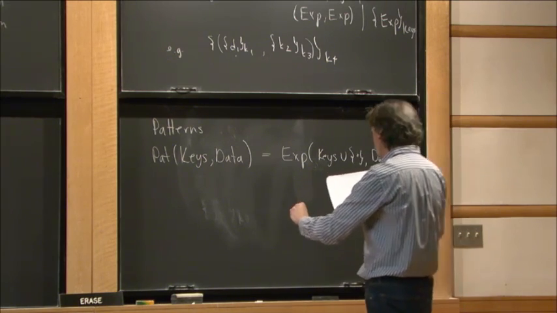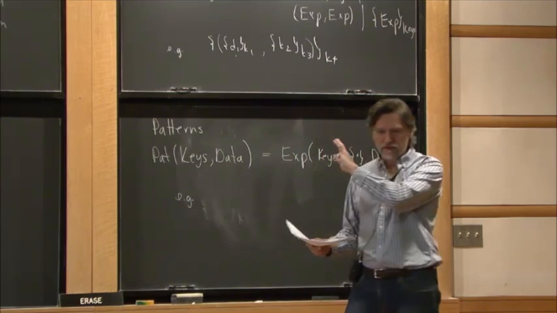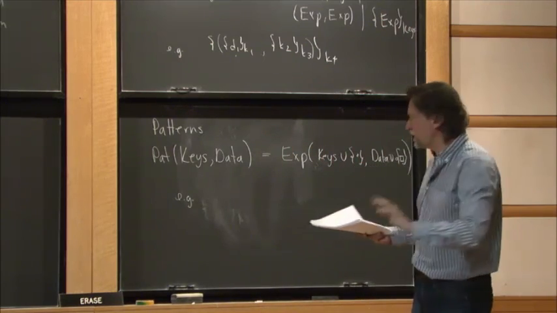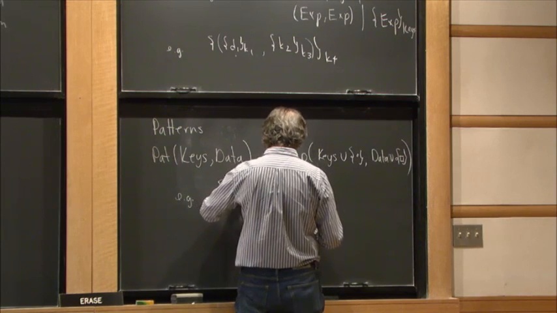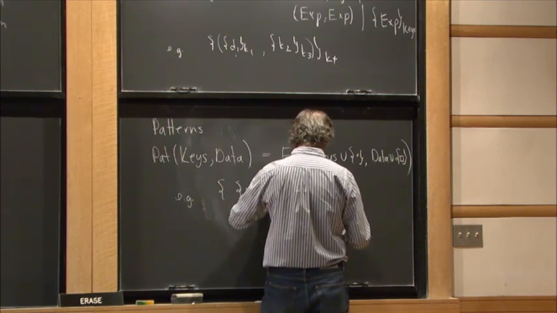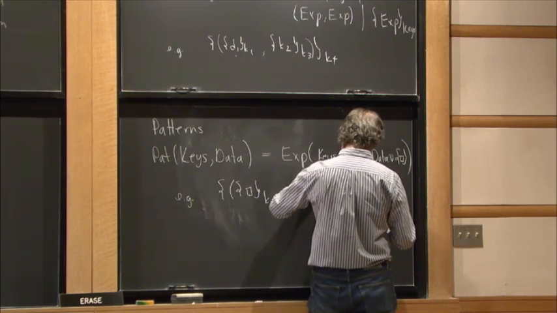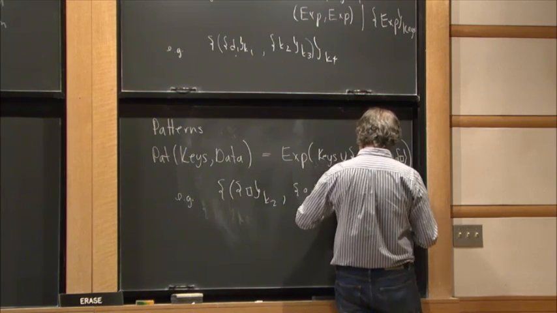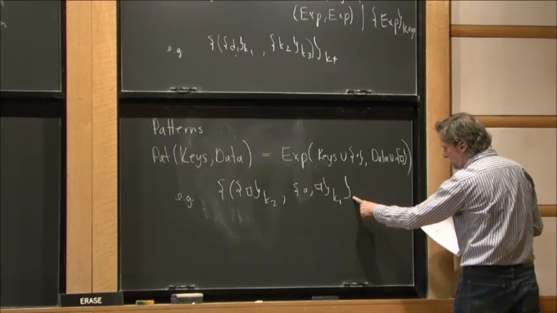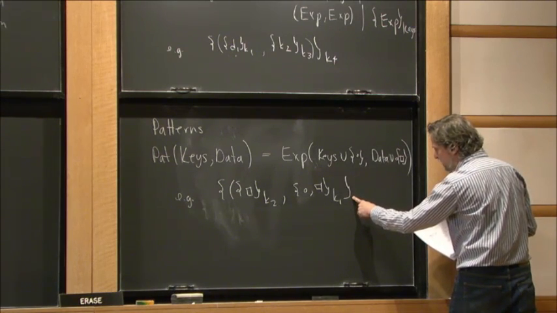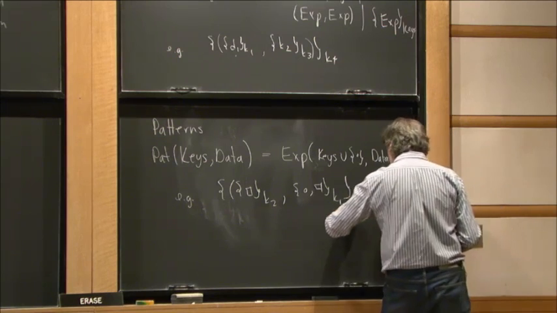Let me just give a general example of a pattern. I'll talk later on about how we go from expressions to patterns, but just defining the set of patterns, an example of a pattern would be something like this. And in the case where a circle might appear as an encryption key, we just drop it off, so we don't even bother to write it.